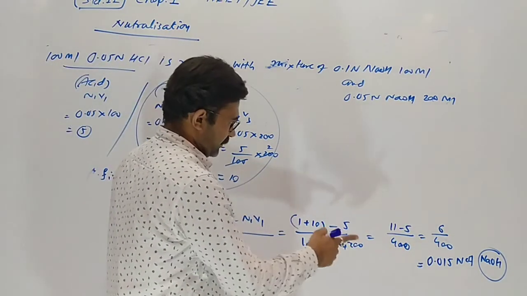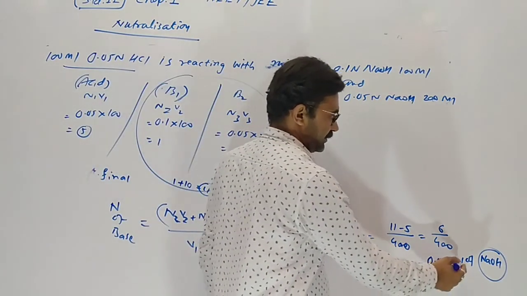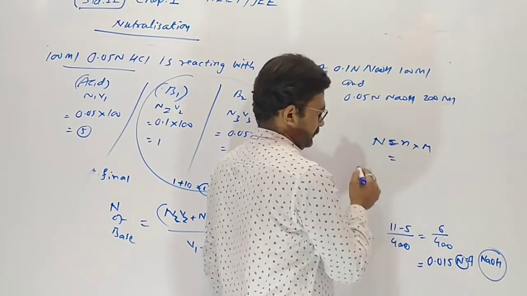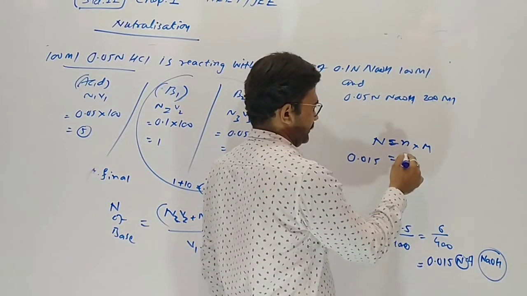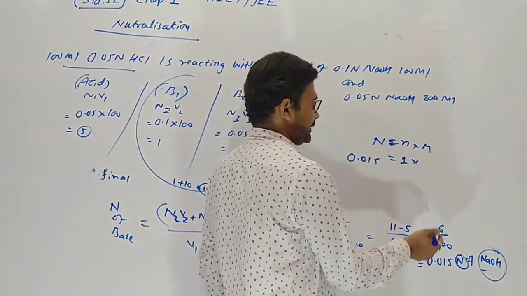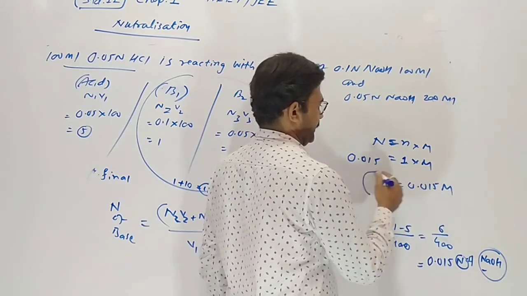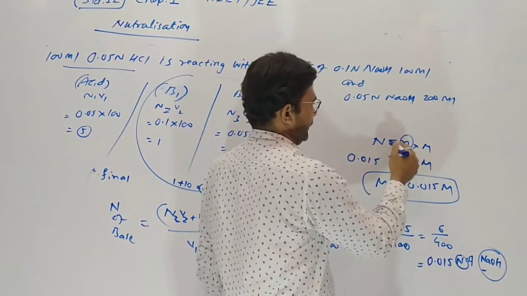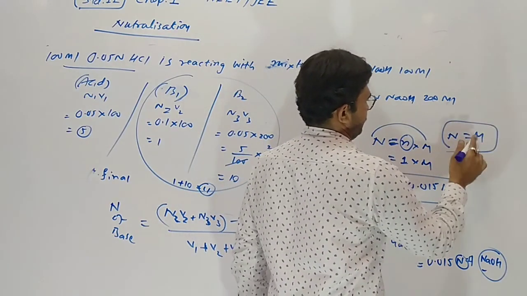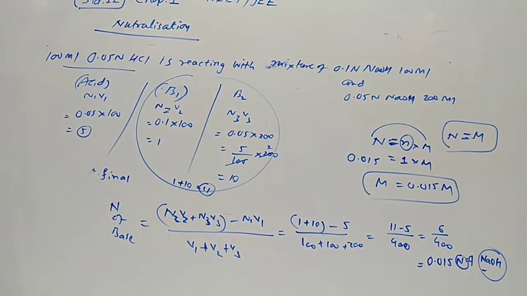In the calculation, normality is compulsory, and at the end we can convert. NaOH is a base with acidity 1, so the molarity will be the same. Whenever the value of n is 1, normality equals molarity. Yes. Now, bye.